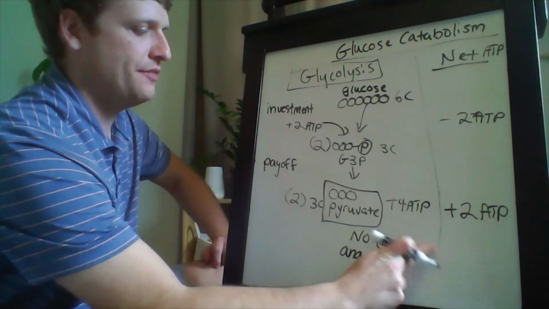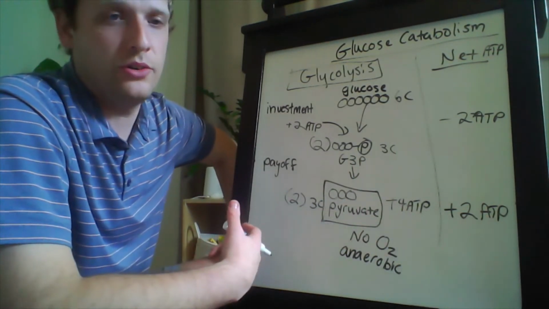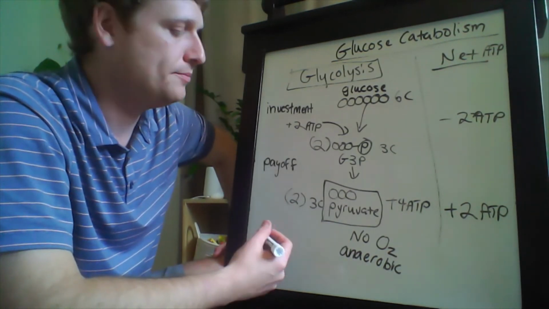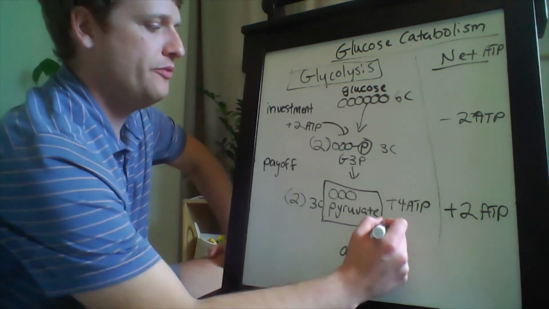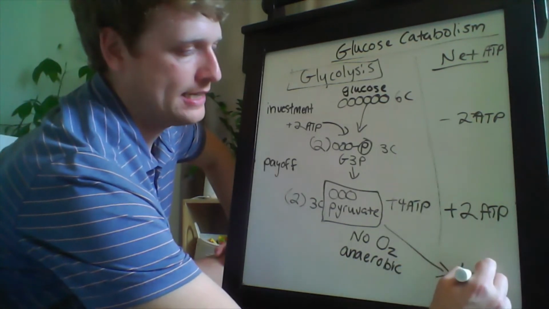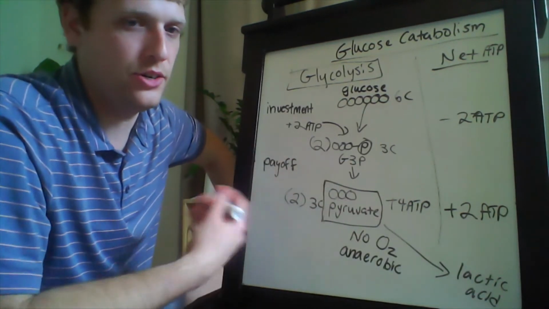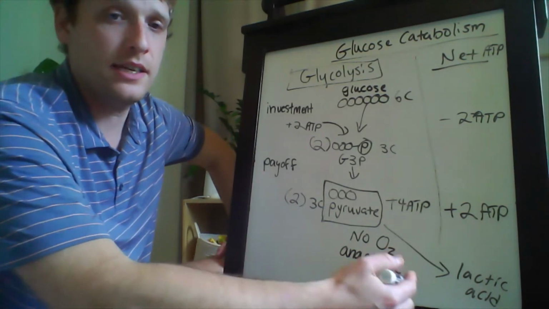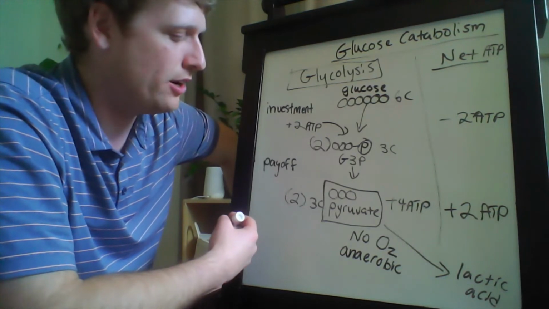If that's the case, and this might be the case if you're in very strenuous exercise where oxygen is being used up rapidly and there's little oxygen to go around, pyruvate is going to be converted into lactic acid. So strenuous exercise, you're having a lot of muscle contractions. That's why a lot of lactic acid builds up, because you're lower on oxygen than you normally are.